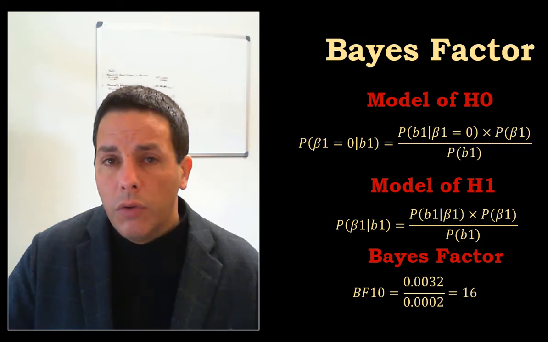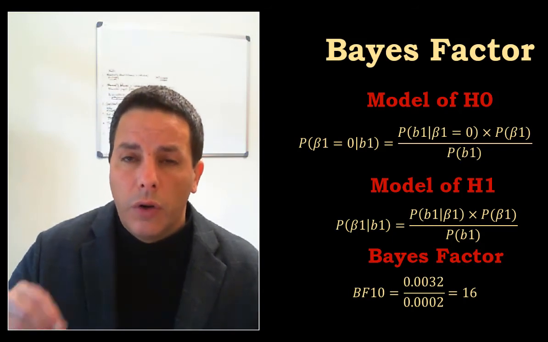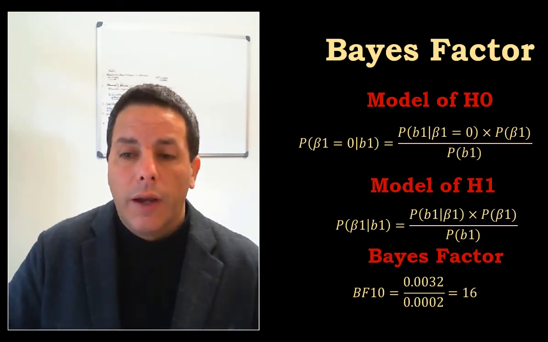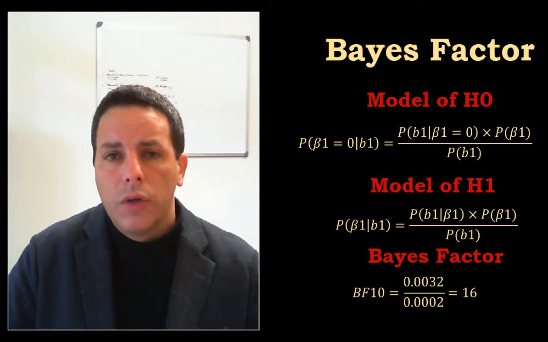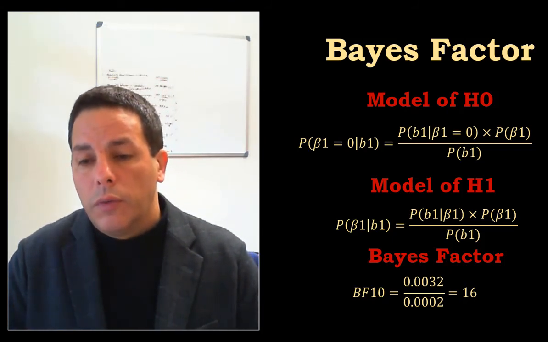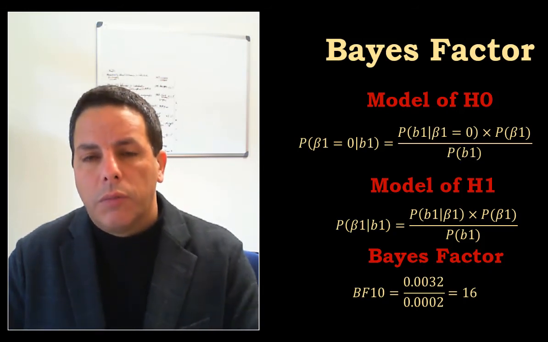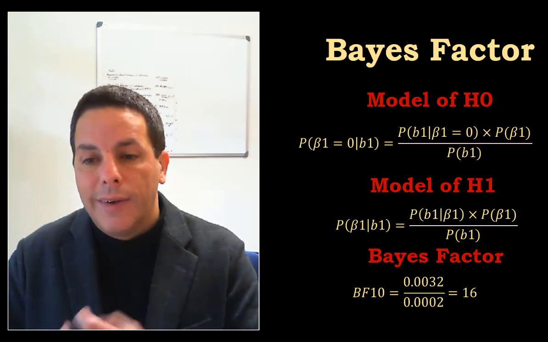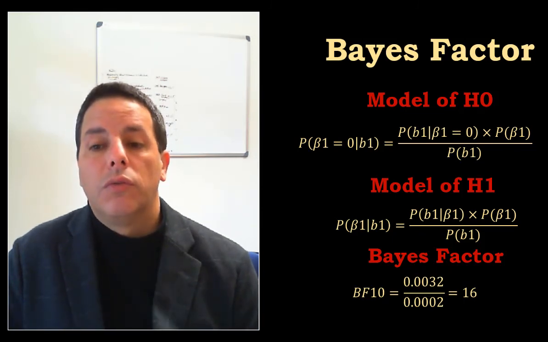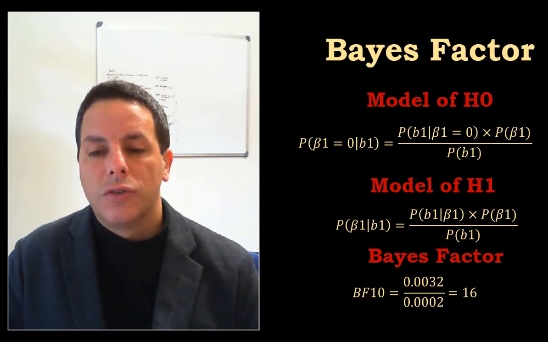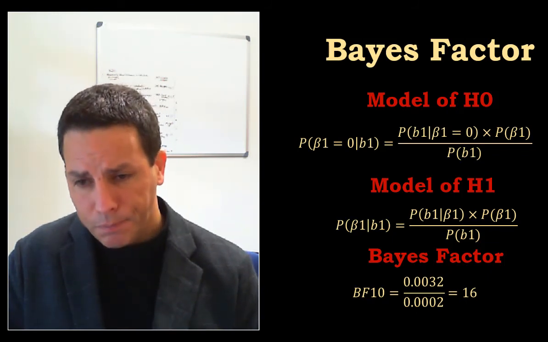And there is absolutely no problem because you're not making a decision. And if you're not making a decision, you're not making errors. And so by making multiple comparisons, it doesn't increase the probability of making this error because you are not making a decision, so you're not making a mistake.